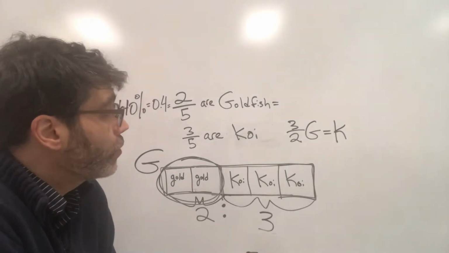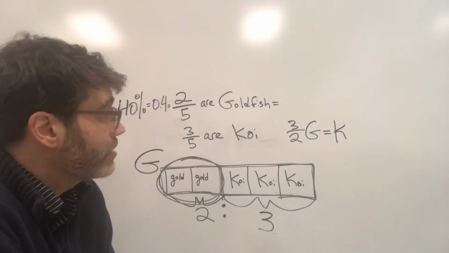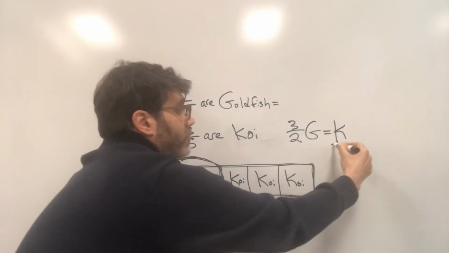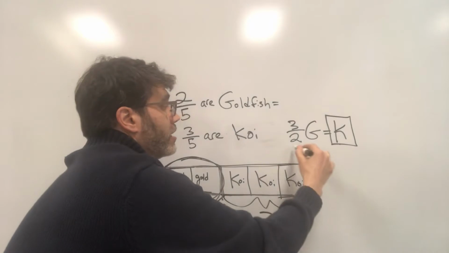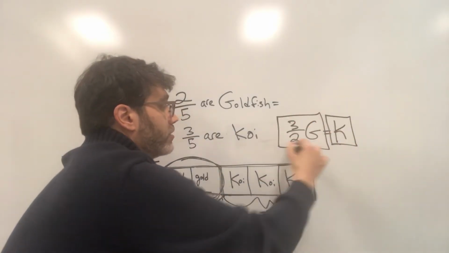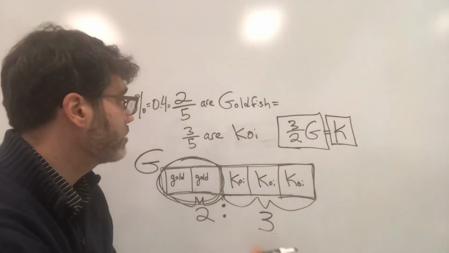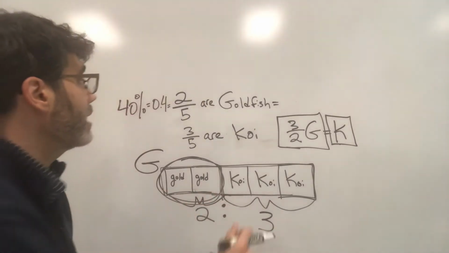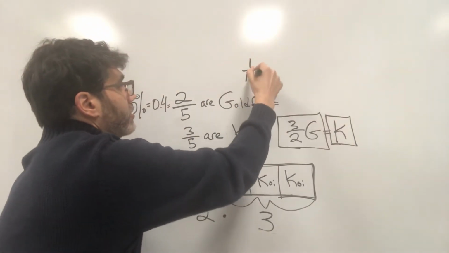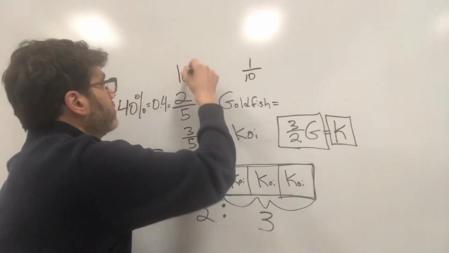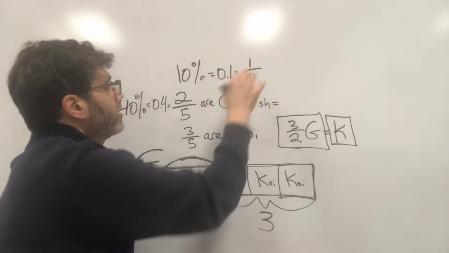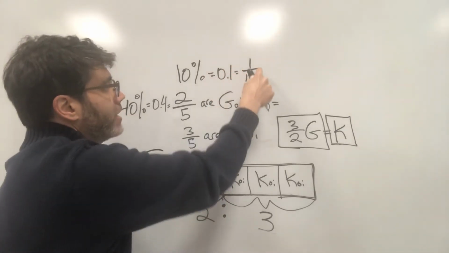So now we want to add 10% to that. Right now, this is the original amount of koi that we have in the pond in terms of g. But let's add 10% to that. How do we find 10% of something? You multiply it by 1/10. 10% as a decimal is 0.1, which can be written as 1/10.